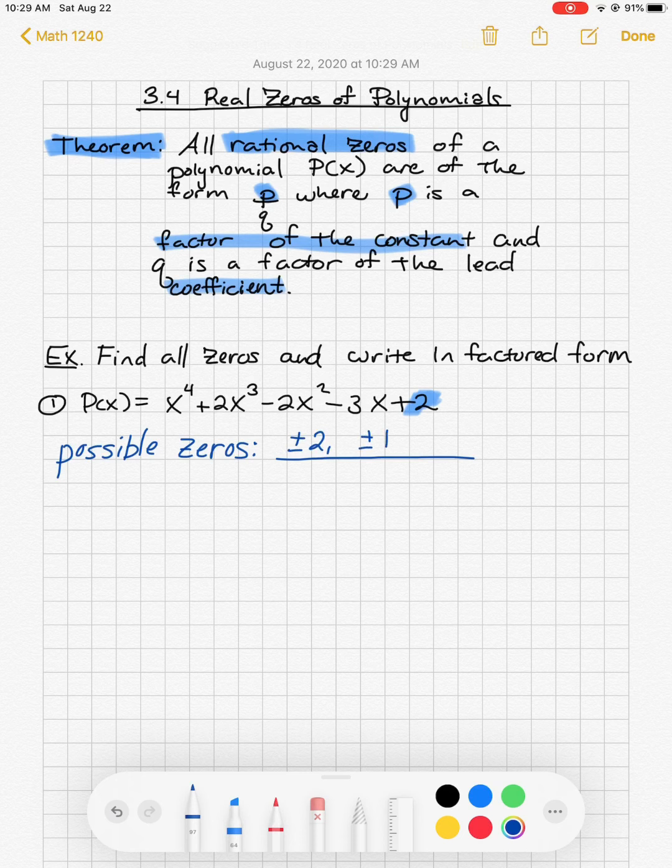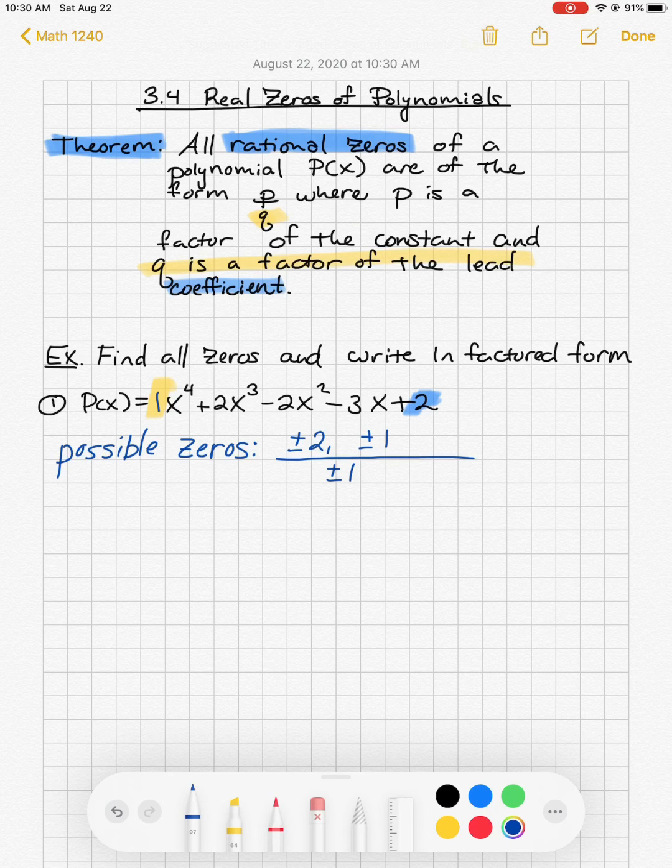So I could have positive or negative 2 or positive or negative 1. Q is a factor of the lead coefficient. In this case, the lead coefficient is just 1. So this is an easy one.